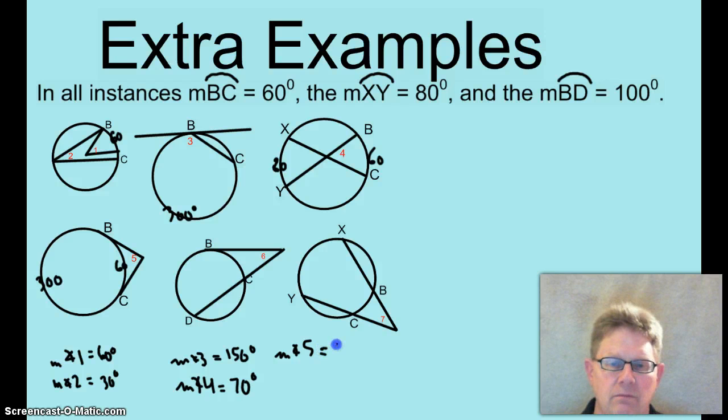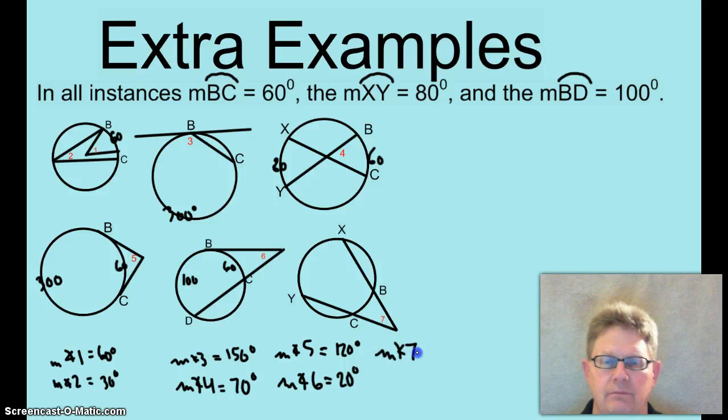Half of 240, 120 degrees. Measure of angle 6. BC, you were told, was 60. BD is 100. 100 minus 60 is 40. Half of 40, 20 degrees. And the measure of angle 7. You were told that arc BC was 60. Arc XY is 80. 80 minus 60 is 20. Half of 20, 10 degrees.